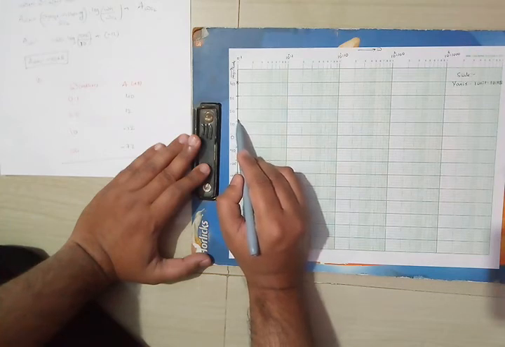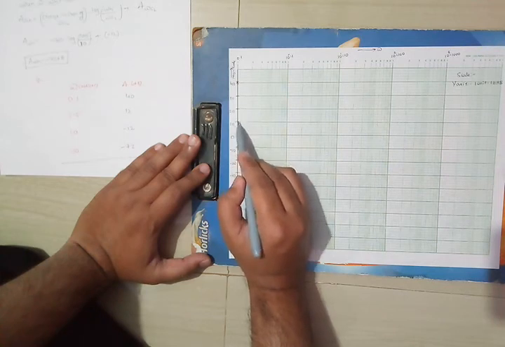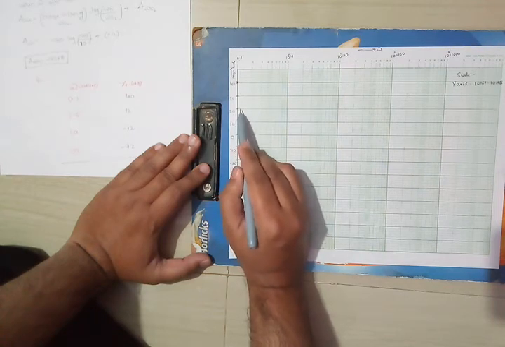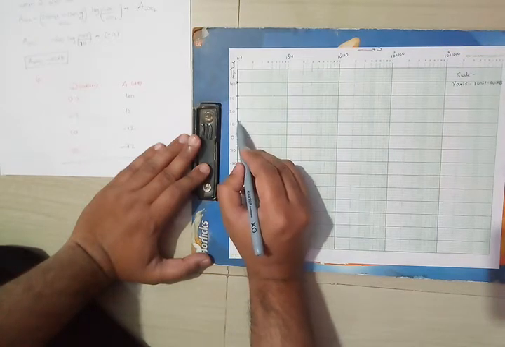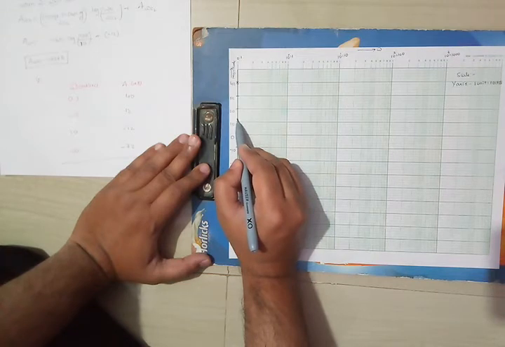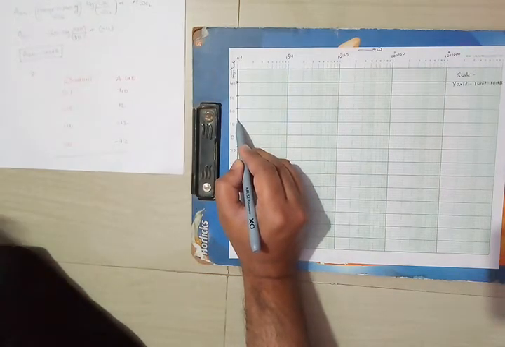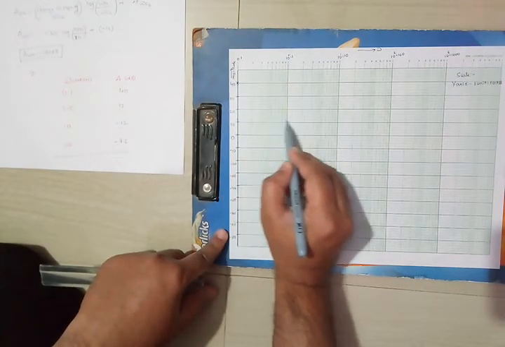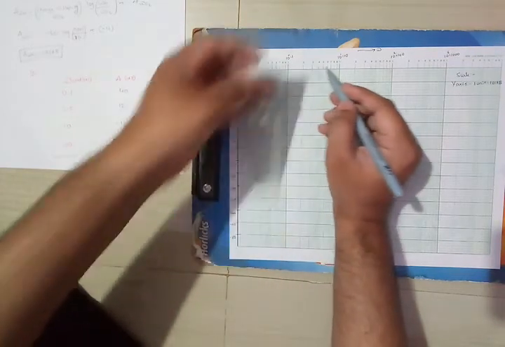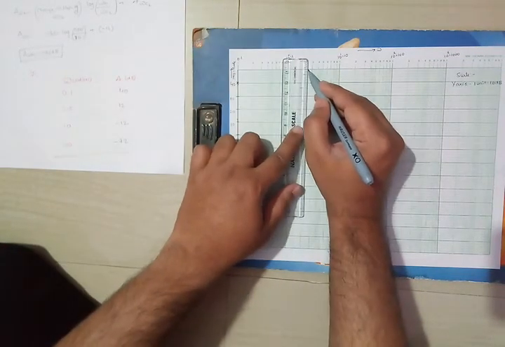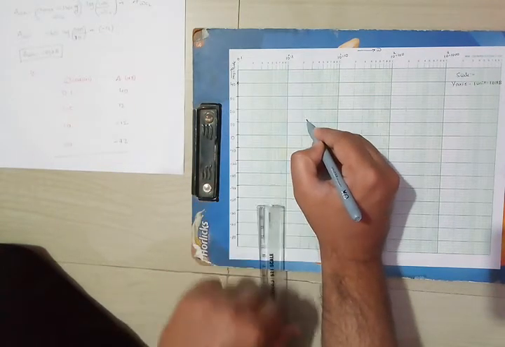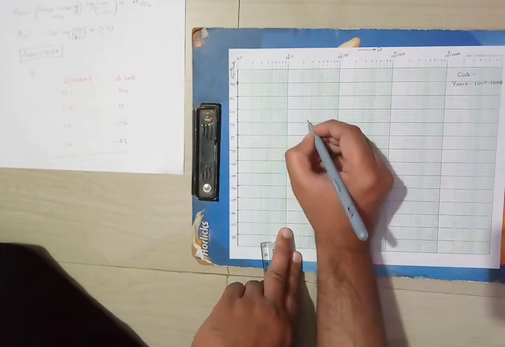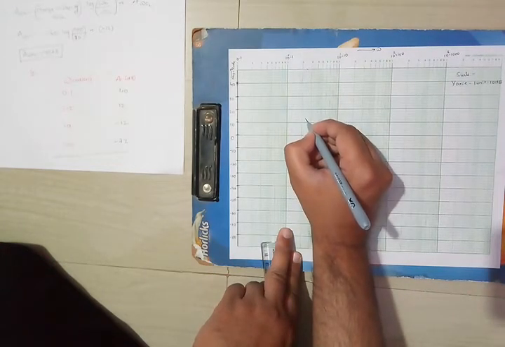We have 1, 2, 3, 4, 5 small lines here, so if one complete division is equal to 10 dB, one line indicates 10 divided by 5, which is 2 dB. This is 10, so this should definitely be 12. So at 2.5 radians per second, we have to plot 12 dB. Somewhere over here we'll get 12 dB.